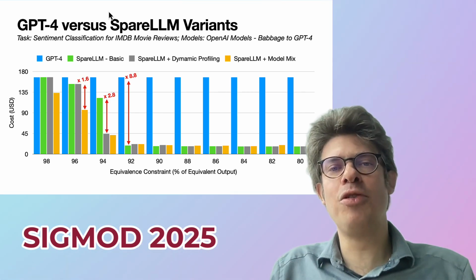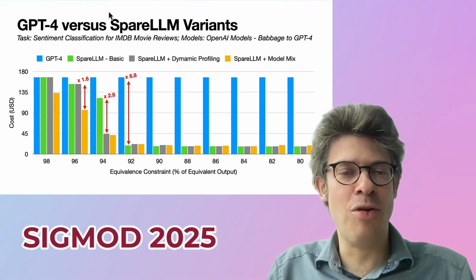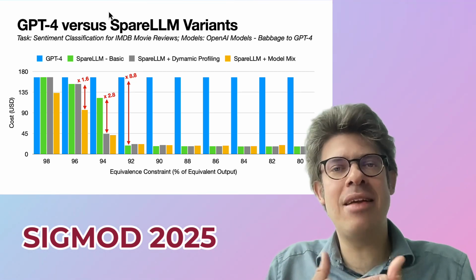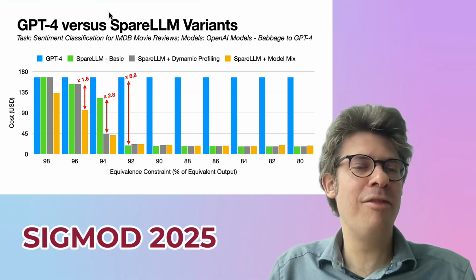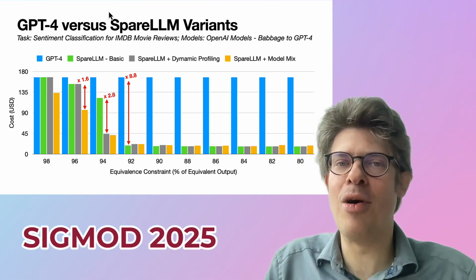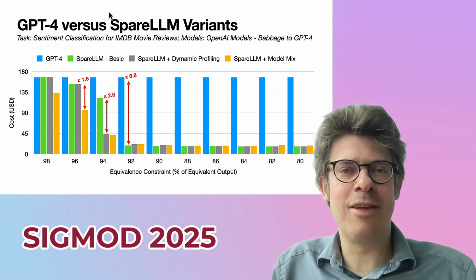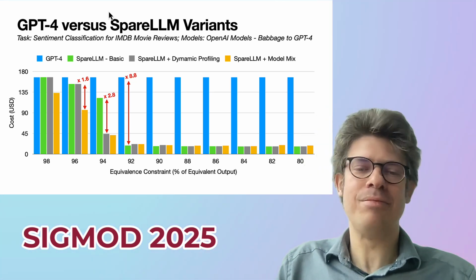And for each of those extensions that I discussed, there's at least one scenario where making that extension leads to significant cost savings. And this is just a small extract from our experiments. In the paper, we present many more experiments that show the same tendencies.